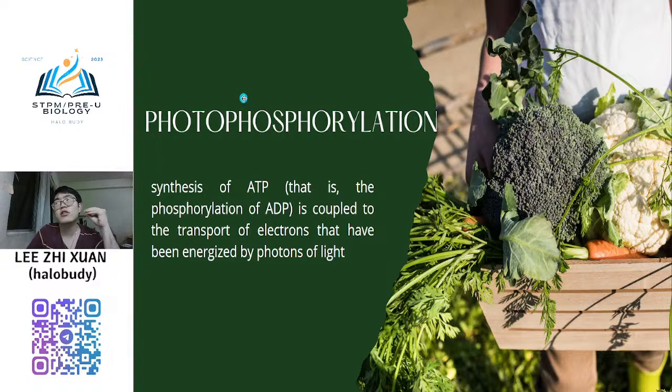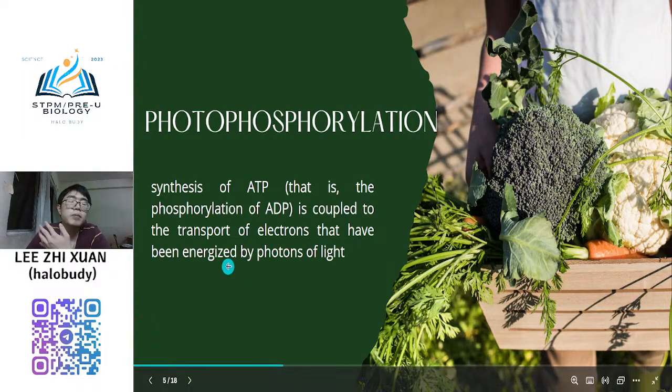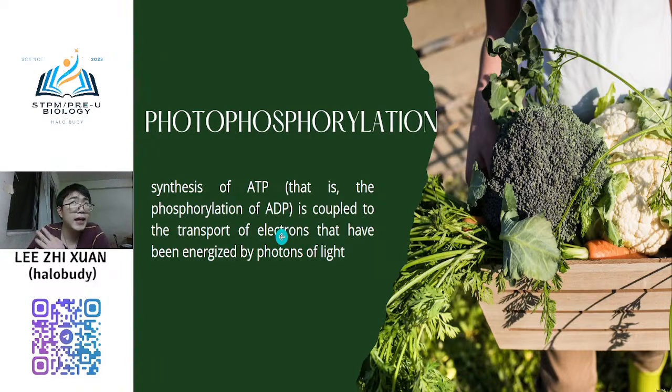It is the synthesis of ATP coupled to the transport of electrons that have been energized by photons of light. It is caused by the light energy, so that is why it is called photophosphorylation.